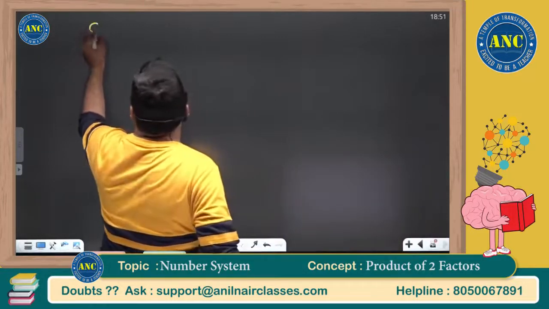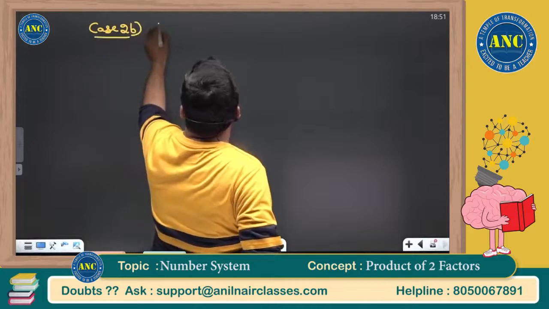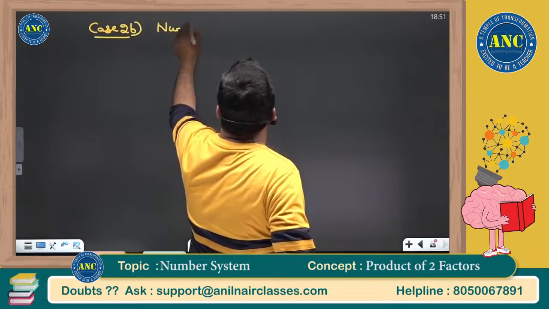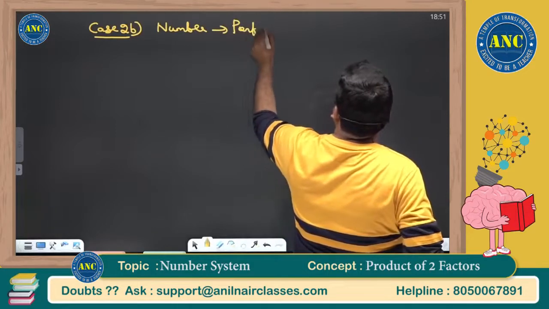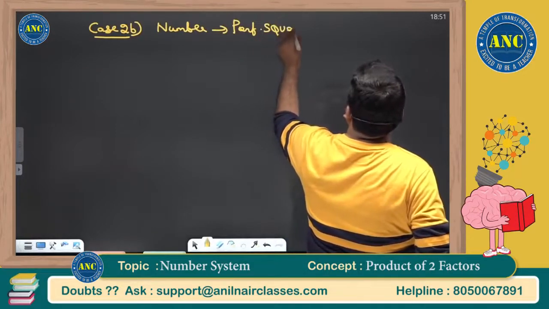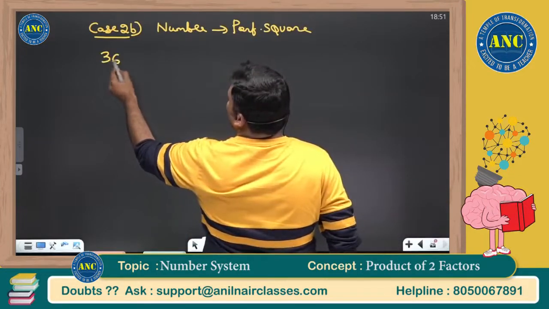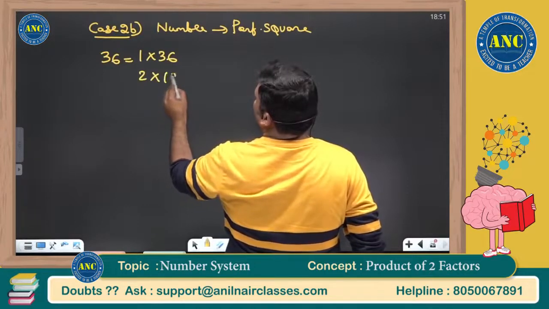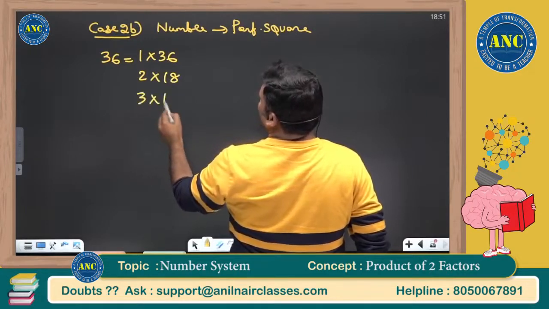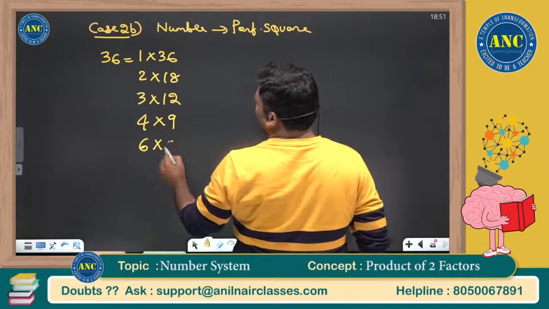Now we will take a lot of examples to understand if a number is a perfect square. Take 36. 36 is 1 into 36, 2 into 18, 3 into 12, 4 into 9, and 6 into 6.